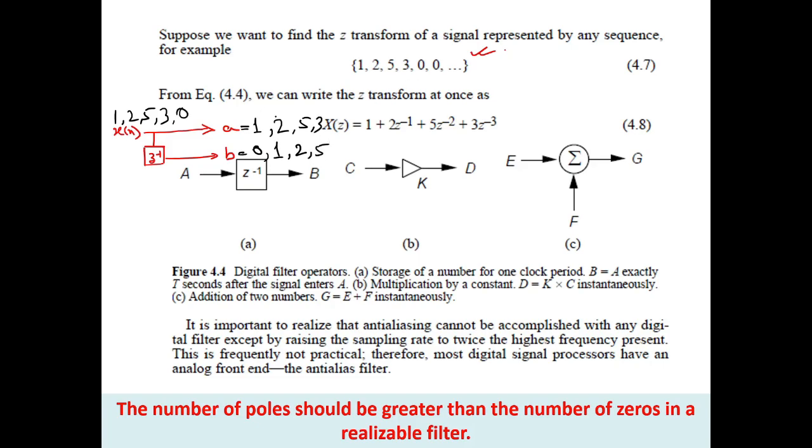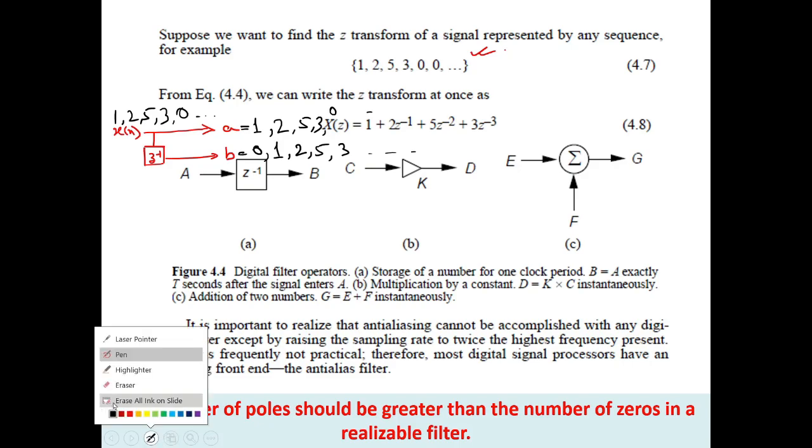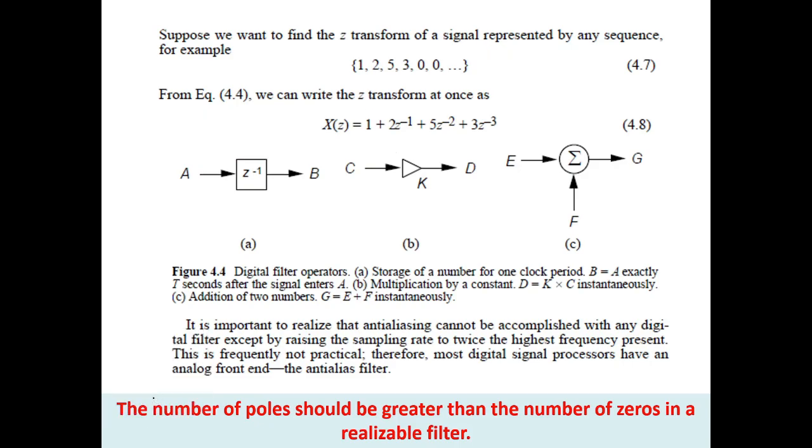Then we will have 0, and here we will have 3. And then as you go on increasing, everything will be 0, 0, 0, something like this. So do you get this now? Right? Now, what is the next thing? Let's take an example where we are having 2 delays.